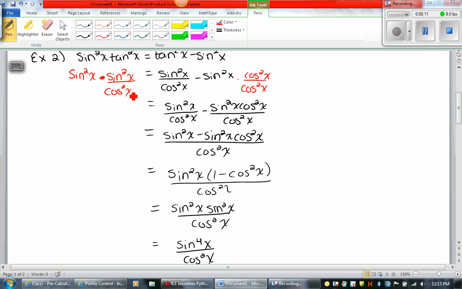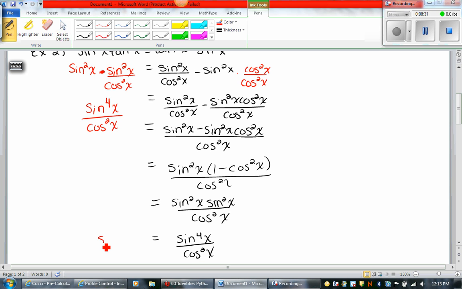So by adjusting that, what that allows me to do is multiply and get sine to the 4th x over cosine squared x, which, as you see now, is exactly where I want it to go. Okay, so that's method 2, where you do have to adjust both sides of the identity to prove it.